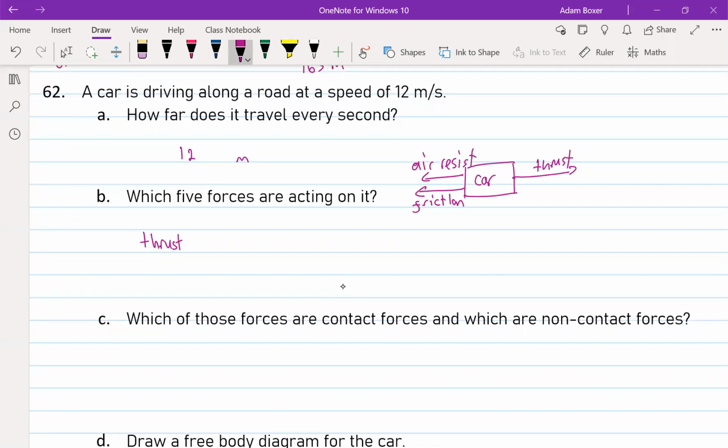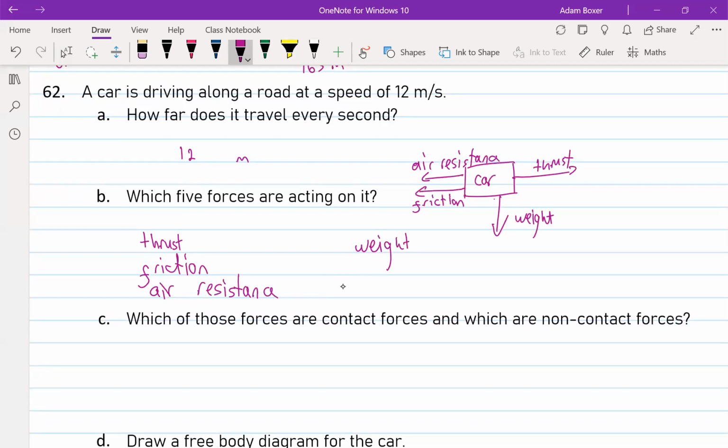What causes air resistance? I'm hoping that you said the car colliding or bumping into air particles. We've also got weight pulling it down. That's what we looked at a couple of lessons ago.